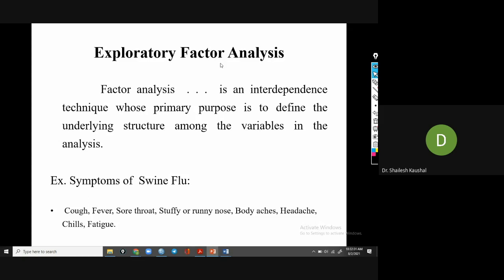Human behavior is very dynamic, so we cannot measure one phenomenon by asking just one question, unless we ask many questions.